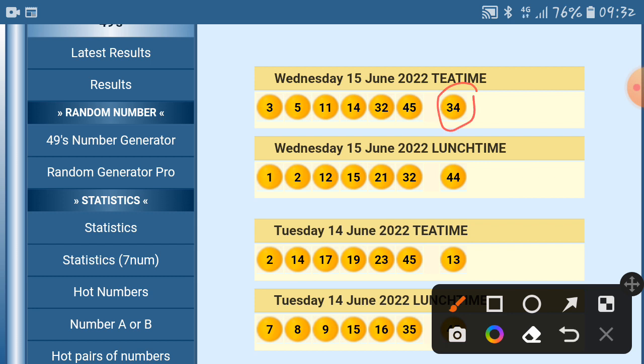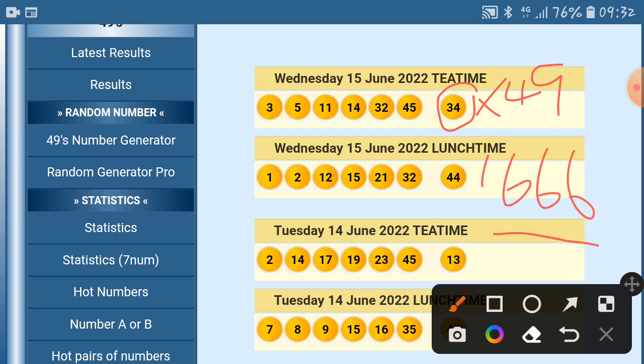We've got 34 multiplied by 49, which gives us 1666, right? When a code has got a number that is populated like this, 666, that means 6 as a single is the first number that you have, right?